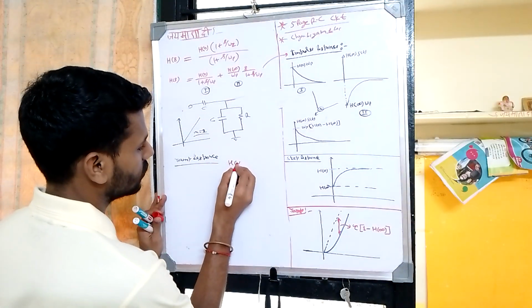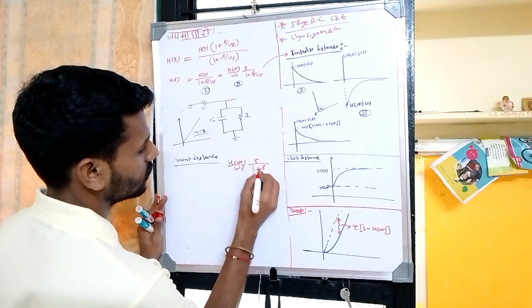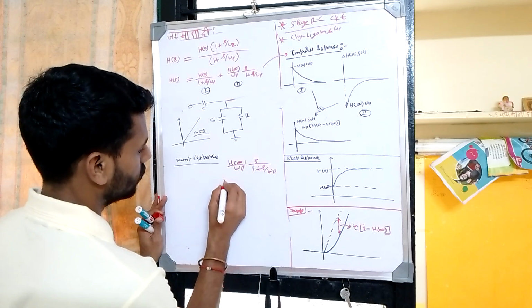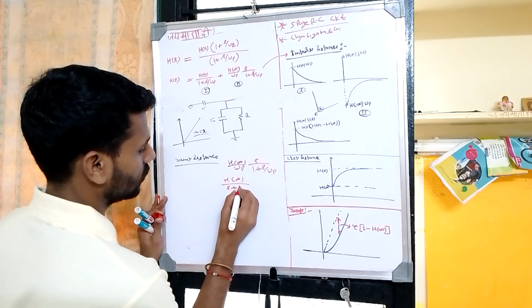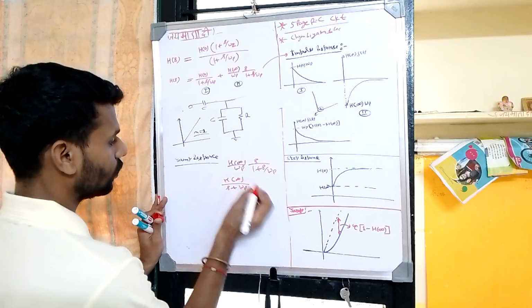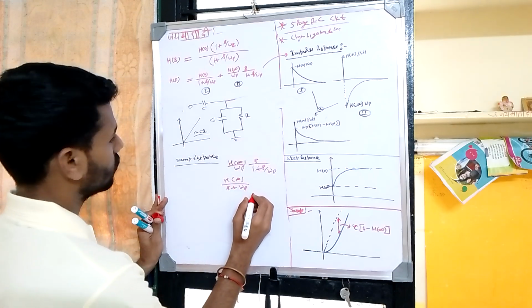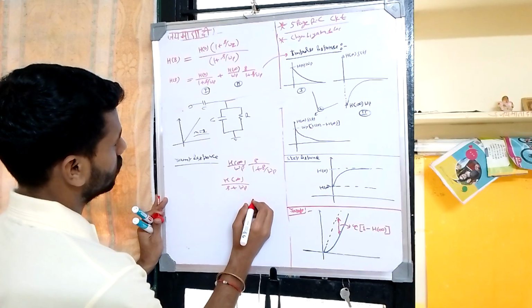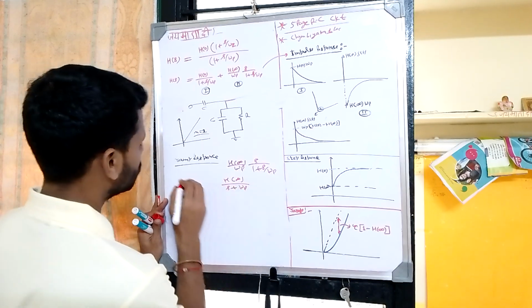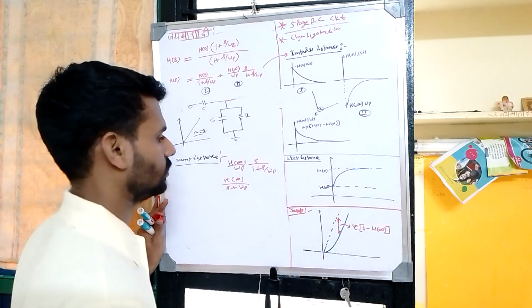See, this is H of infinity by omega p times s upon 1 plus s by omega p. If you multiply inside, it will become s plus omega p. Actually, first I'll discuss the ramp response, and after that the step response.